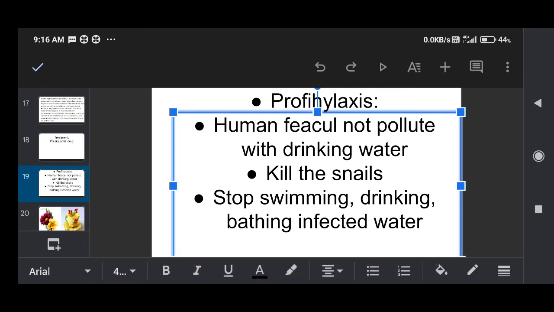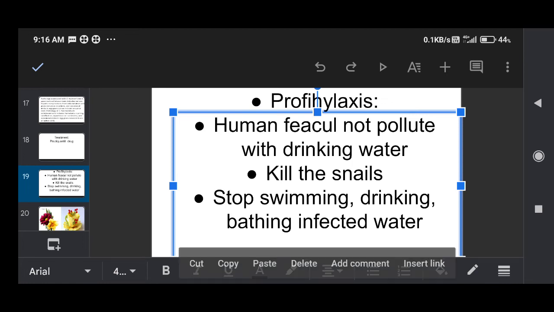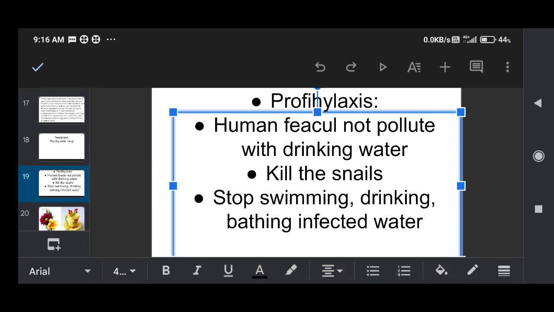Then that contaminated water is drunk by human beings, or the persons swim or wash clothes in the contaminated water. This is the time the Cercaria larva enters the human being.